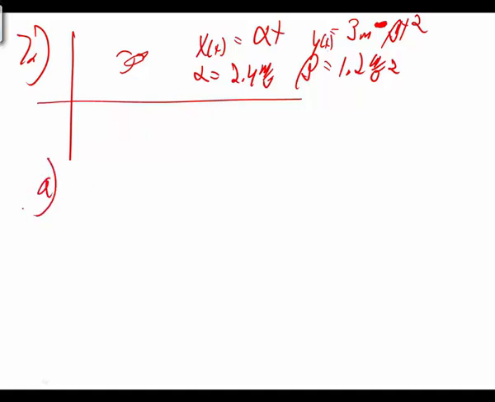So A, at time 0, what do we know about the bird? It only has what? If I plug a 0 in right there, what do I get for x? 0. If I plug a 0 in right there, what do I get for y? 3. Look now, that's 3 meters minus beta t squared.